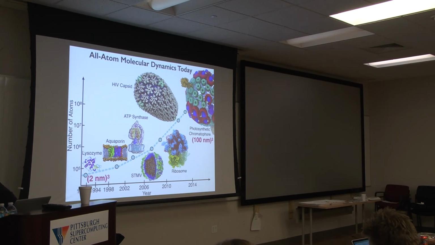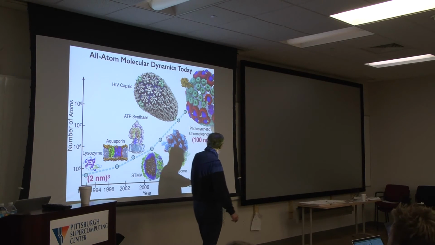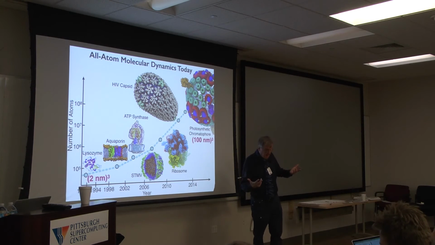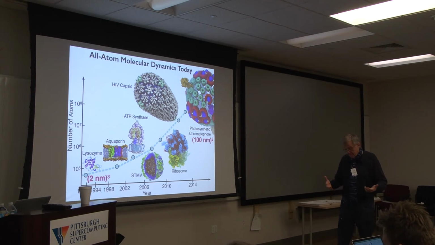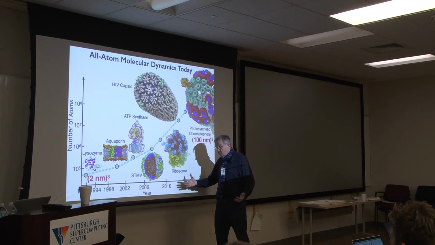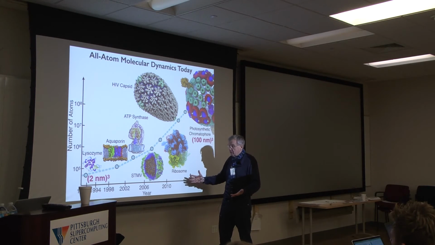So now here you see how we increase the size of the simulations. And so I put in red the key numbers. So here's the years over which we sort of made NAMD do bigger and bigger systems. And also VMD, because NAMD without VMD is nothing, because you have to look at the results, and VMD is the one to look at it. And if you do large simulation, you must also have a program like VMD that can look at the large simulations.